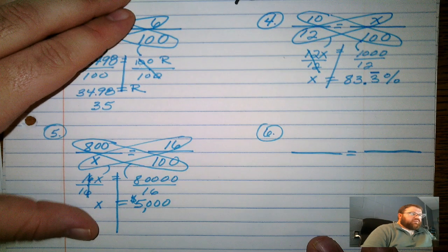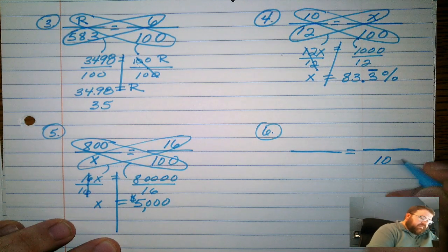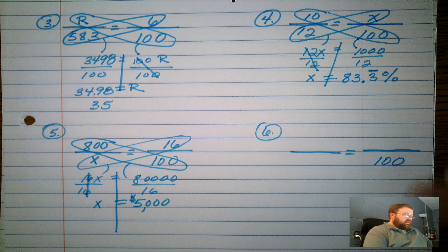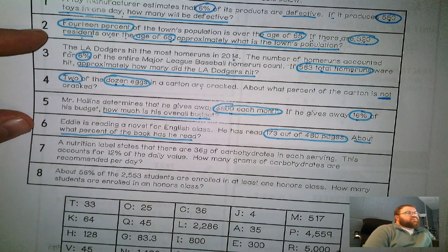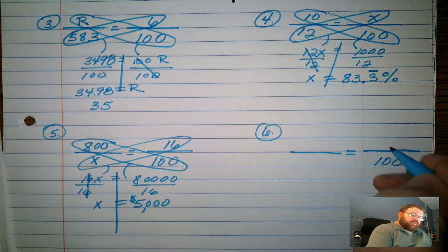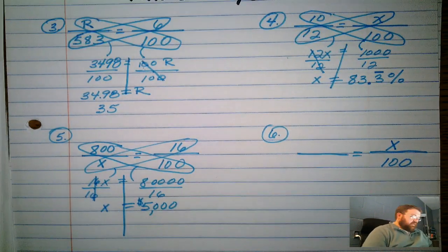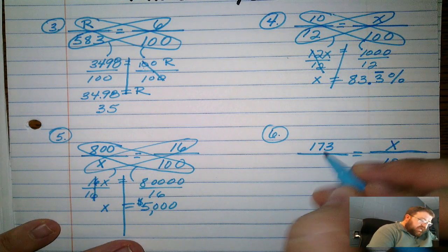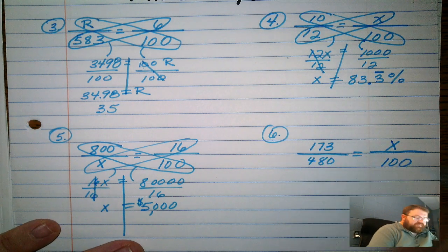So let me move that up so you can see. In number 6, let me show you what I've done with cubes. For number 6, there is no percent, so we automatically know that our variable needs to be in place of the percent. He's read 173 out of the 480.